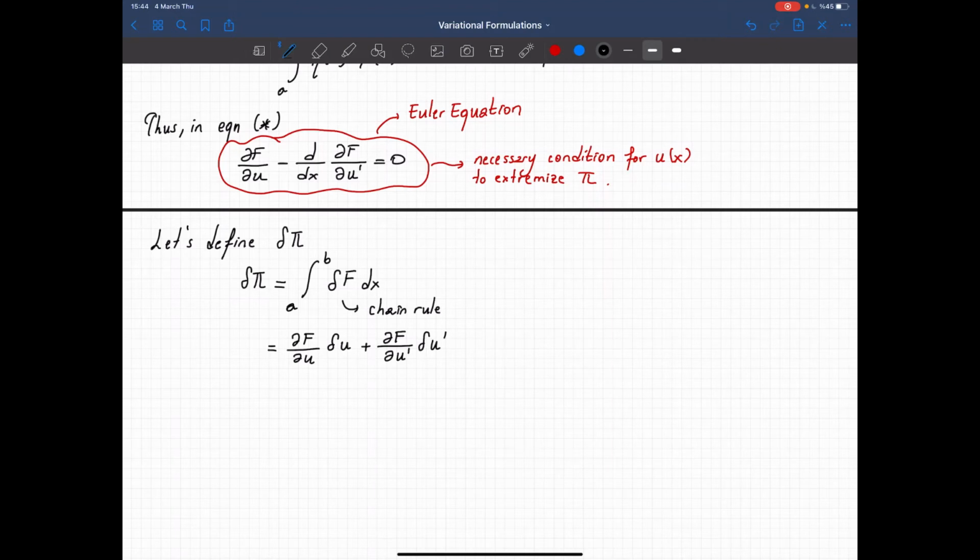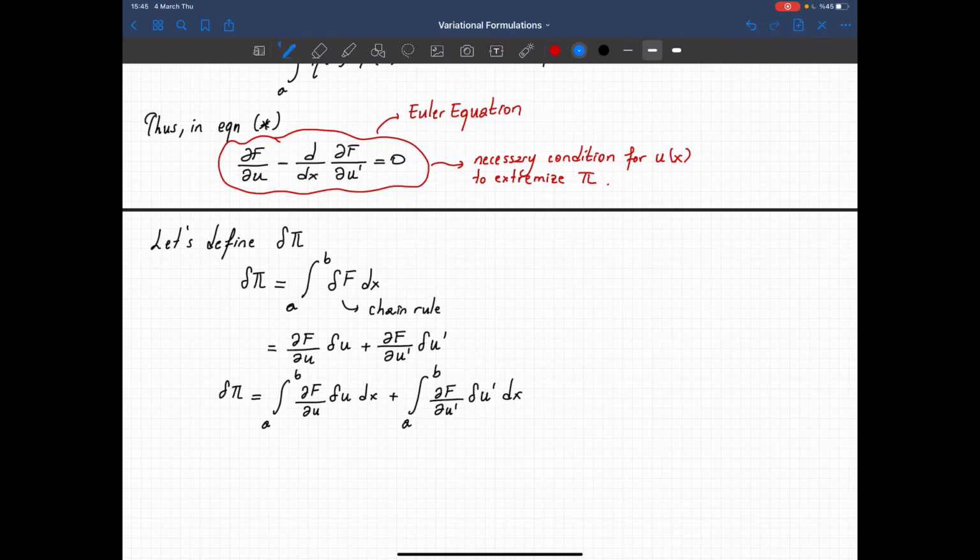Put it into the integral, then I have the integral from A to B of del F over del U, variation in U, dx, plus another integral from A to B of del F over del U prime, variation in U prime, dx.